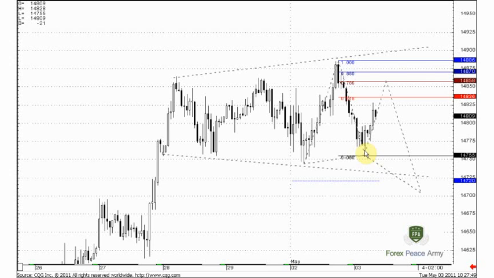That's why we should expect, if the market acts in this way, then possibly we could even see this butterfly sell pattern. Okay, this could potentially work during the breakout, and the initial target will be around the 147.10, 147.20 area.